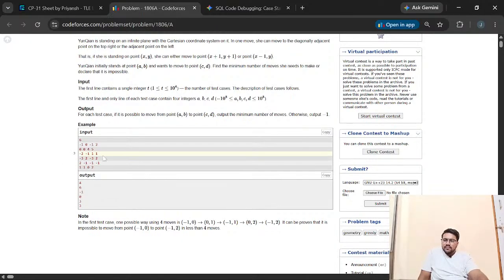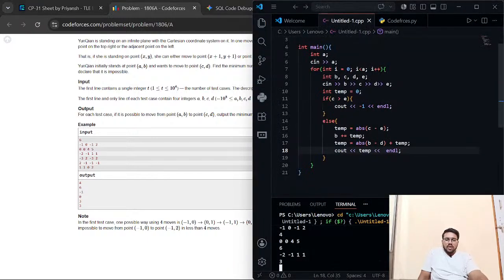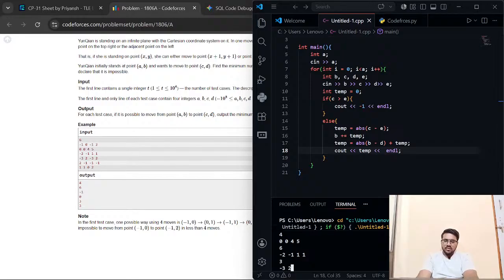See, let me check for other outputs, guys, which is -3 2, -3. 0 is 0, 2 -1 -1 -1, it's 3 1 1 0 2, it's 3.